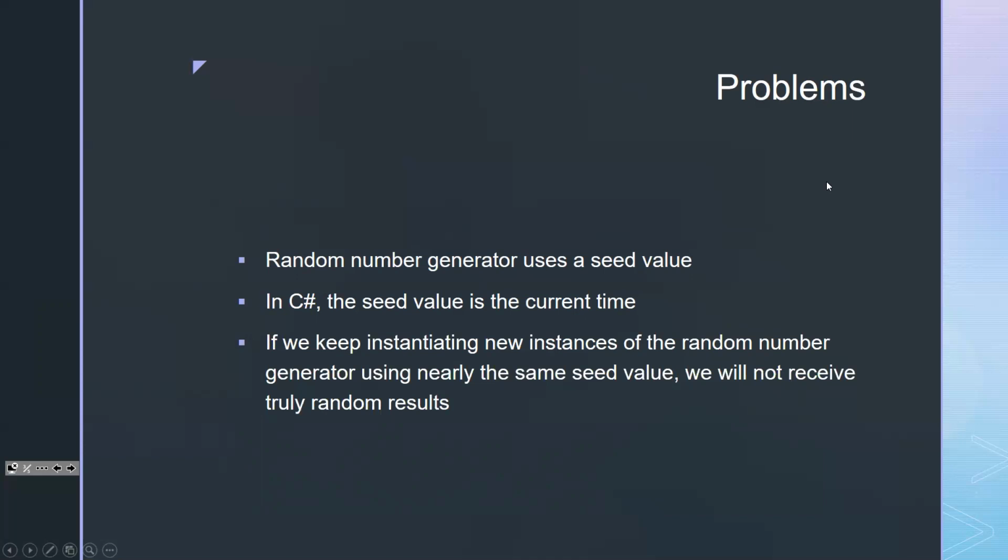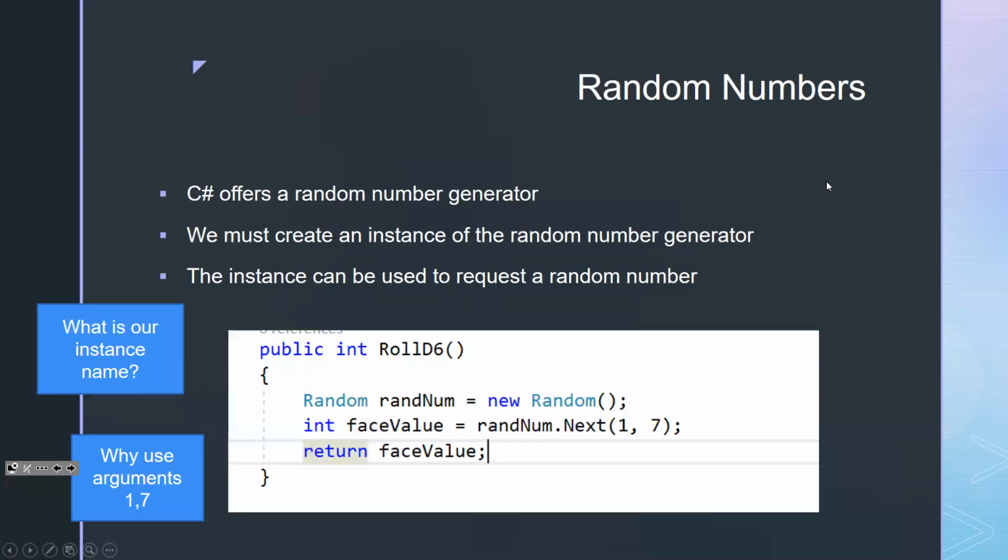So with the method I created here, if it keeps running repeatedly for all 6 of our die, the seed value is basically going to be almost identical for each of those die, and we could end up with the same number generated for all of them. We won't get the randomness that we need. So we need to make it where our random number generator is only instantiated once.